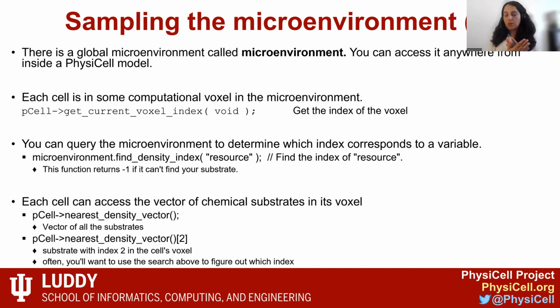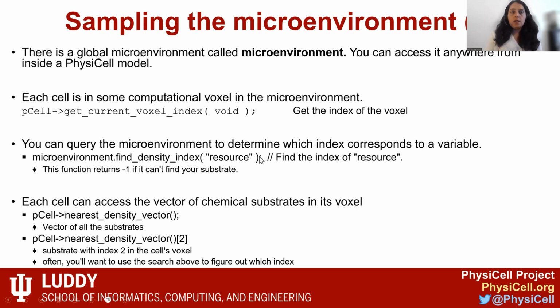There's a background mesh where the diffusion solver is acting, and each unit of the mesh is a voxel. If we want to see where in the environment a particular cell is, we will get the pointer to the cell and get the current voxel index. So we'll see which voxel this is.